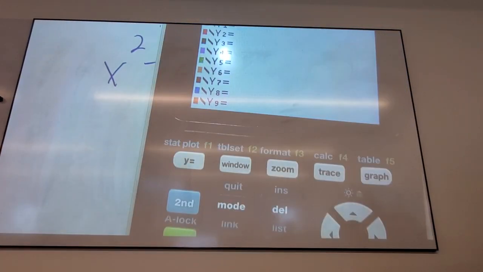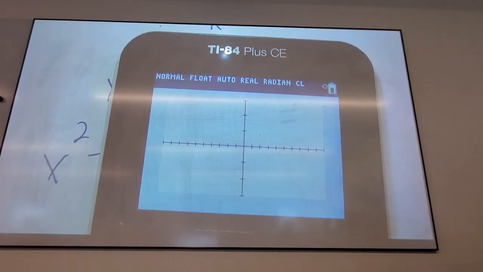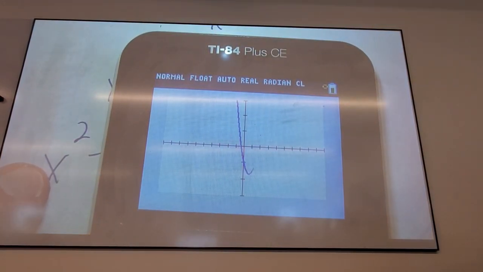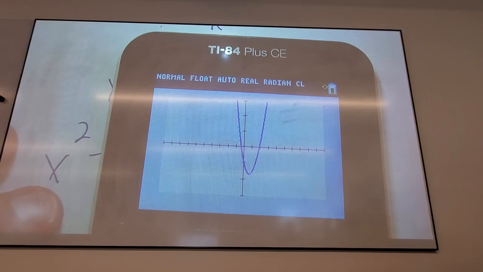So if I put x squared minus 2x minus cosine x, and hit graph, now my function is going to look very different. In fact, it's not going to look that much different. There it is. That looks basically quadratic, yeah? Because the cosine x goes between negative 1 and 1, so it's really not going to affect the outputs.